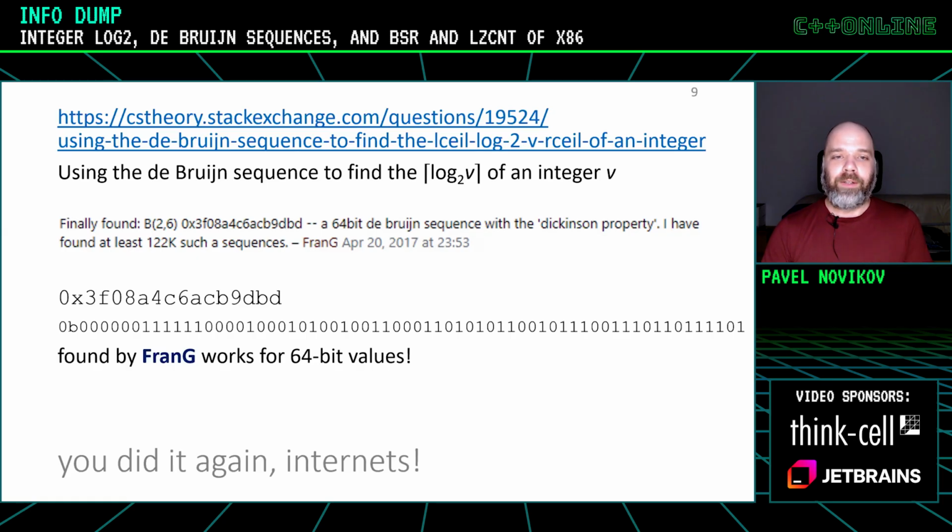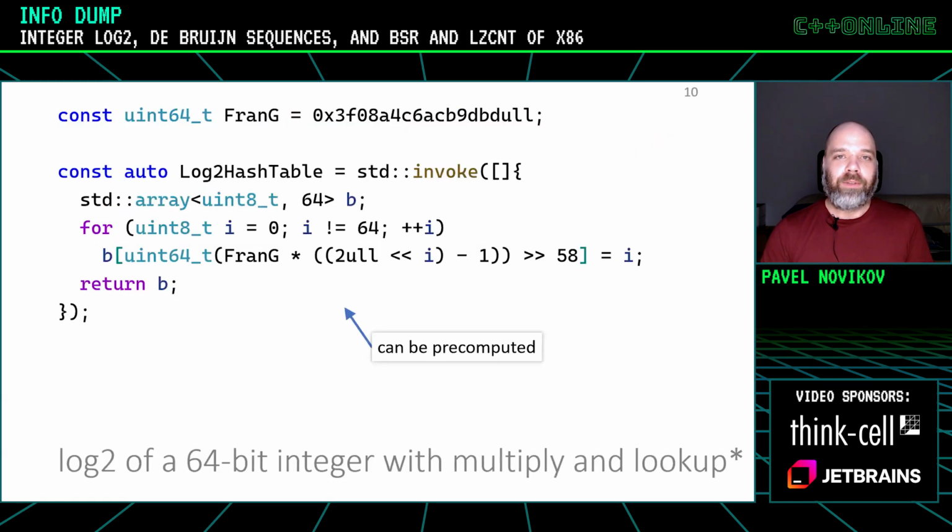But someone named friend G found one constant for 64 bits. Yay, the internet, and we can use it. So here is our code. We have a constant that I named friend G. We have the initialization of our table, which precomputes all the necessary lookup values.